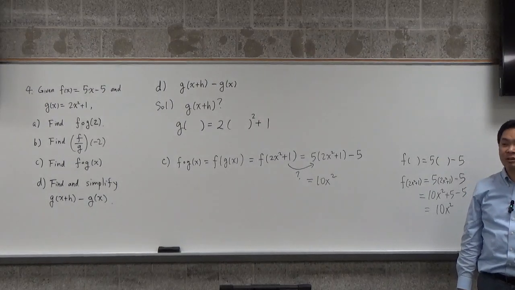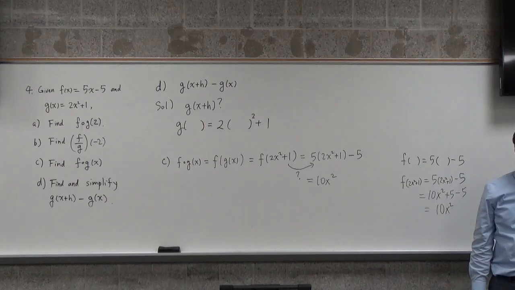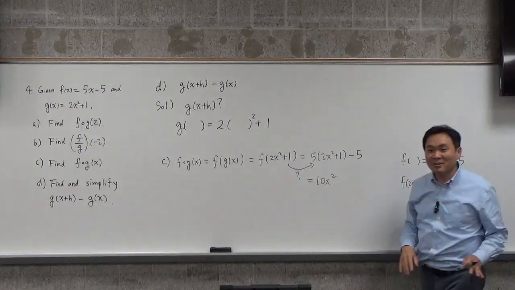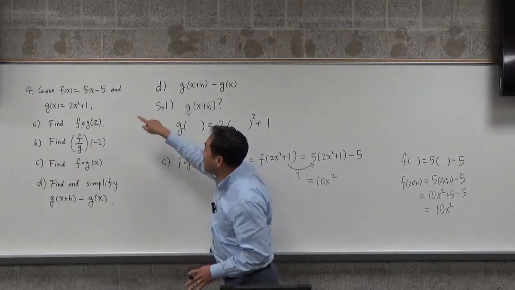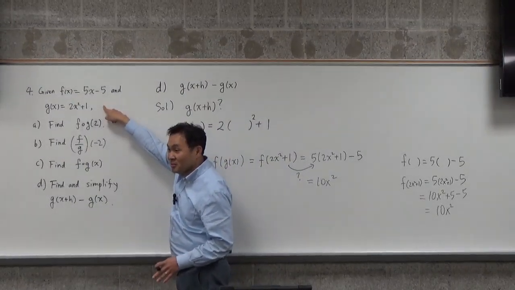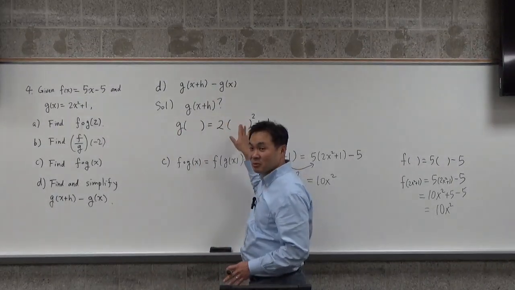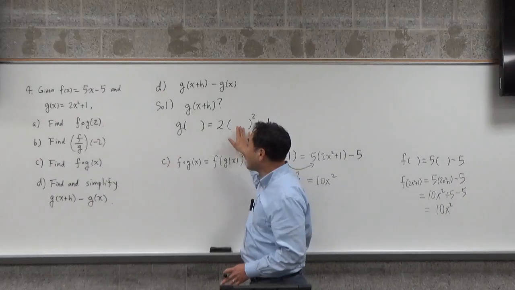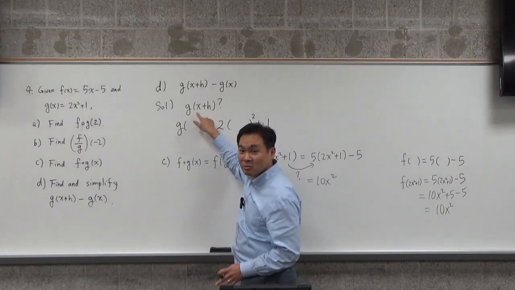Okay, I'll give you a minute to think about what you should do next. What's step 2? Okay, 2 steps, okay? So what's step 1? You copy the definition, right? But anytime you see an x, you put a blank parenthesis, okay? And then on the left side, this is the question, right? I want to know what g of x plus h is.